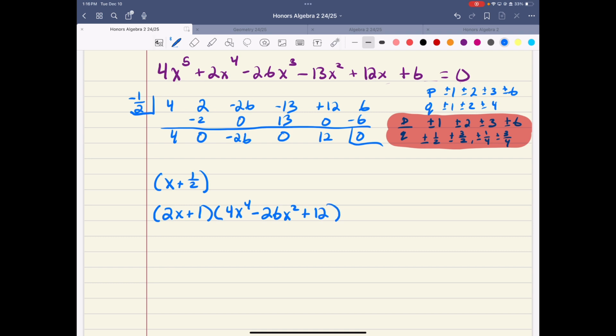Now, there's a couple ways you could do this. One, you've got to factor this. What's it have? There's a GCF. What's the GCF of it? I don't think 4 goes into 26. 2 does, though. So it becomes 2x to the 4th minus 13x squared plus 6.